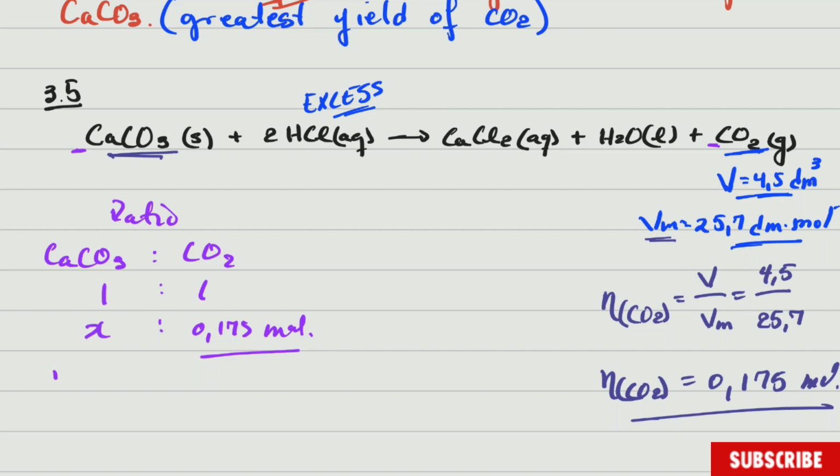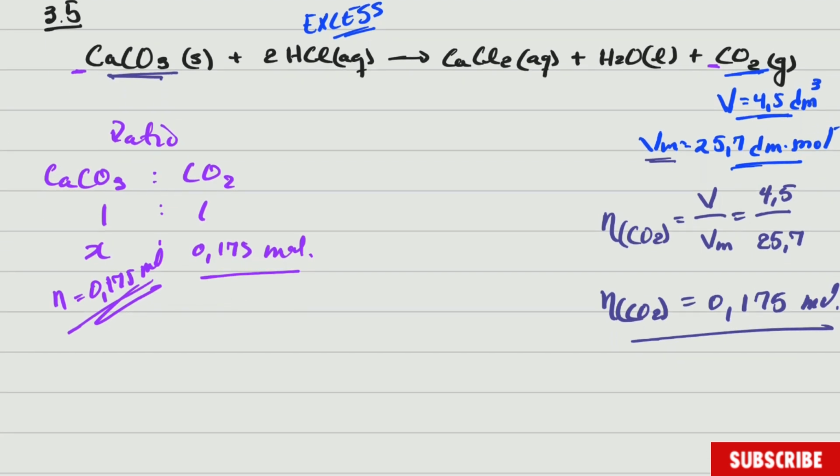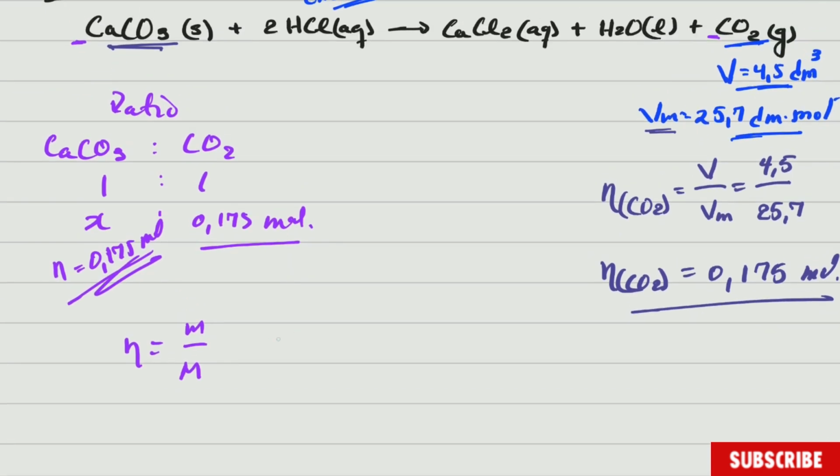You need the same amount of moles here, which is 0,175 mole of calcium carbonate. Now if we calculate the mass of calcium carbonate that reacted by using this formula, when we substitute here, 0,175 is equal to mass divided by the molar mass.